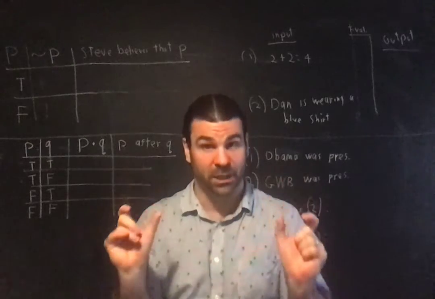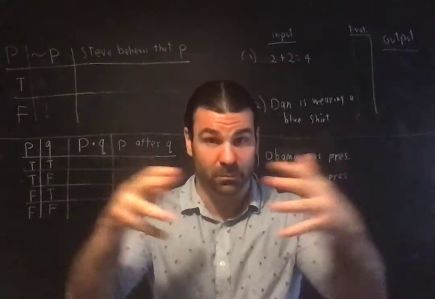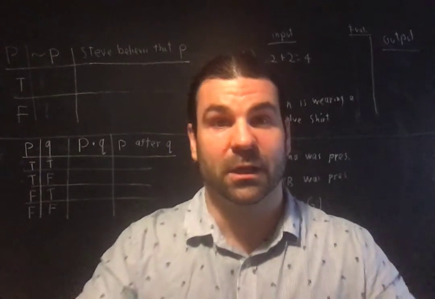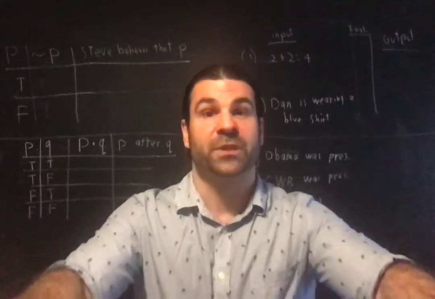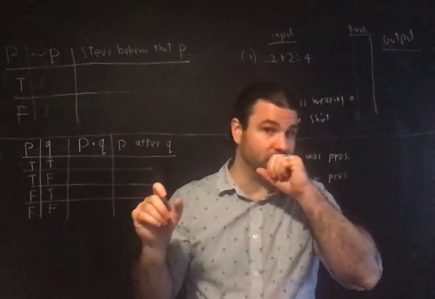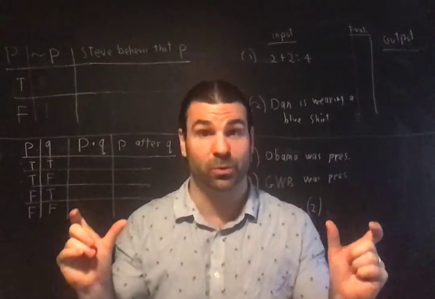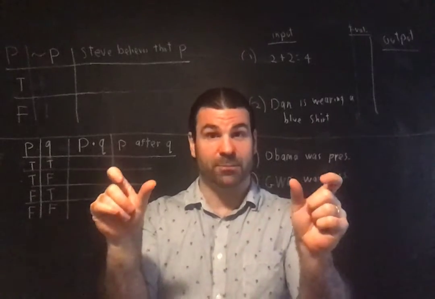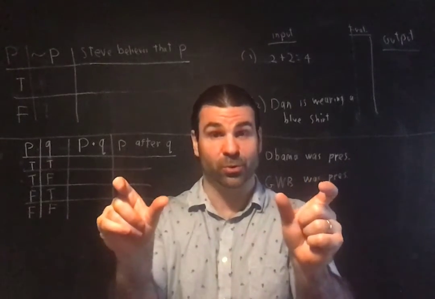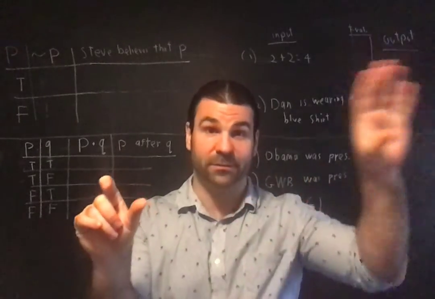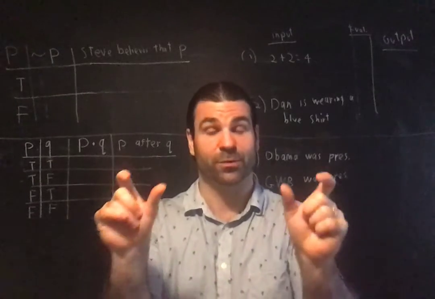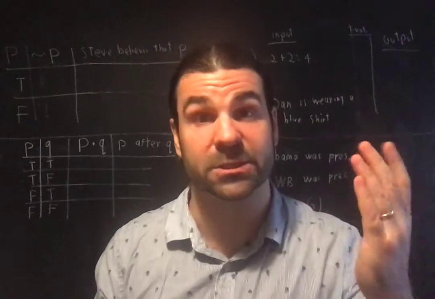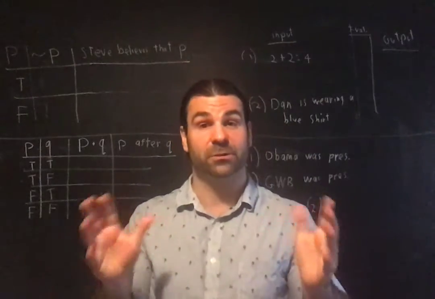What we have to do is plug in two sentences and we construct a compound sentence, a conjunction. Now, for every single sentence we build where the two component sentences, the two sentences we plug in, are both true, for that infinite set of sentences, the conjunction is itself true, for every single set.